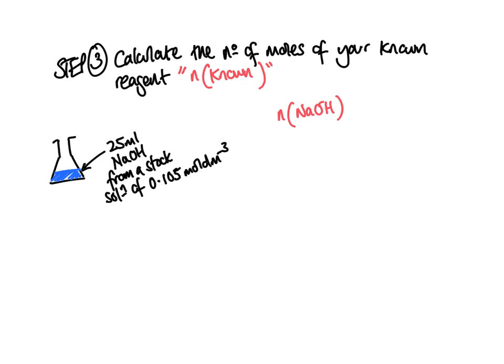To work out the number of moles of sodium hydroxide, first of all, we need to convert millilitres or cm³, depending on what is given, to dm³. Just like before, we take 25 mL, or cm³, into dm³. That just means dividing by 1000, so we can work out our volume equals 0.025 dm³.